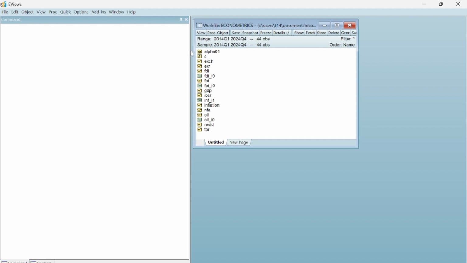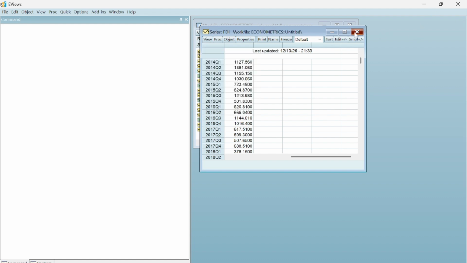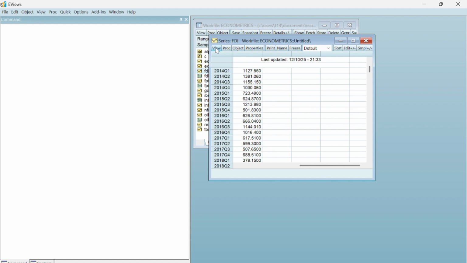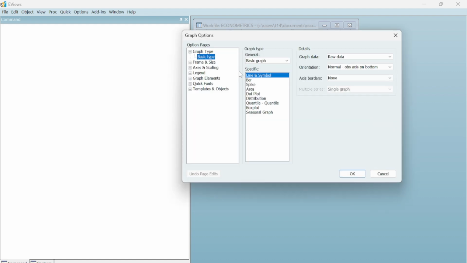Okay, for example, we've looked at FDI. You've done the unit root of FDI, so let's still use FDI. You click on View, then you click on Graph. It's just a simple click. You see basic type, lines and chart. You can do any other chart, but most times in economics, we normally like using a simple graph.